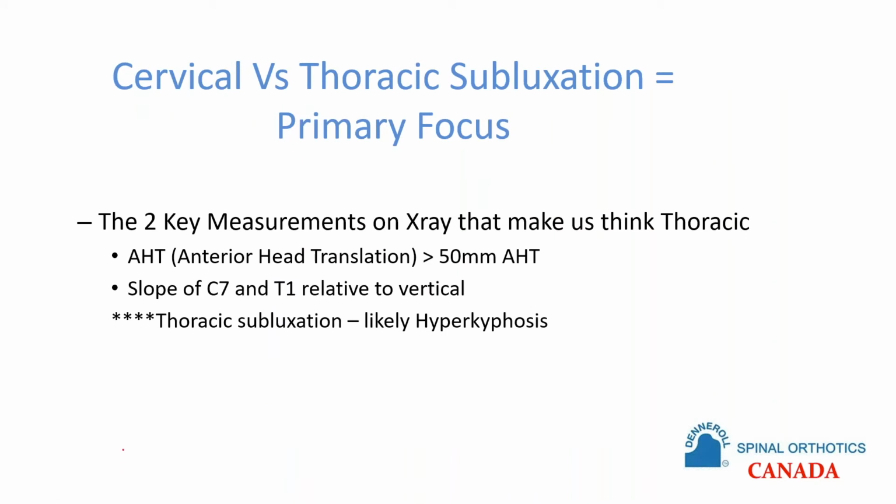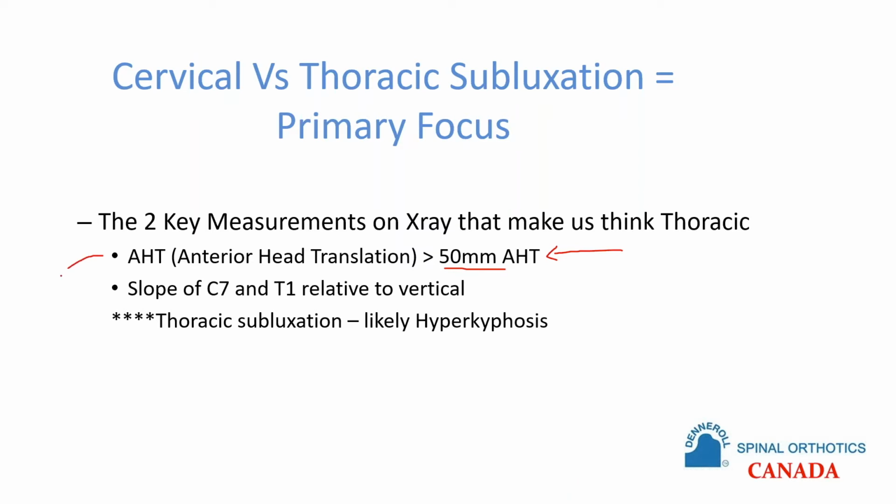All right, so what about those cases, like I mentioned, that start to push larger than 50 millimeters of anterior head translation? Well, I have to start thinking about a thoracic problem, thoracic hyperkyphosis. If I see large anterior head translation, over 50, but sometimes even a little bit less than 50, if I'm in the high 30s and 40s, sometimes that can still be generated by thoracic hyperkyphosis.